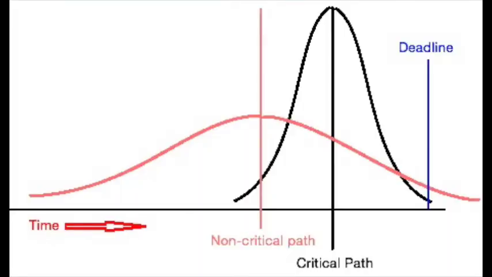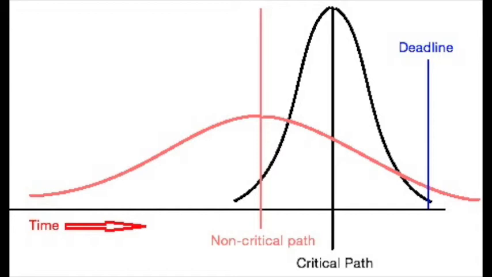The reason why might take a minute to explain. Now, suppose we have a critical path, and that's represented by the black normal curve here. Clearly, it takes the longest of all of the possible paths. That's how it's designed. But suppose it doesn't have a very large variance, and by extension a very large standard deviation.